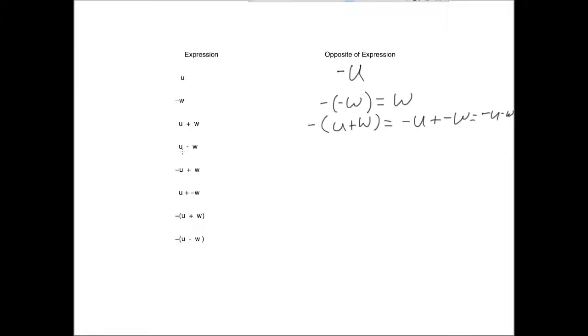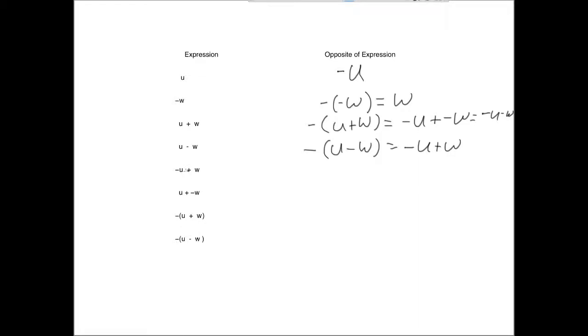Next expression is u minus w. It's the opposite of u minus w. That equals opposite of u plus w. So this is the opposite of a sum here, and this last one we're doing the opposite of a difference.